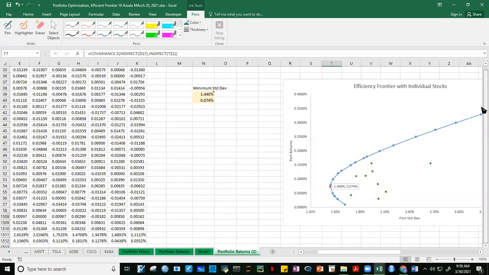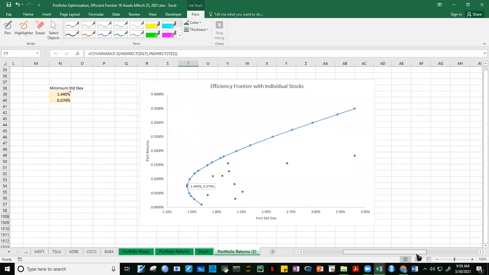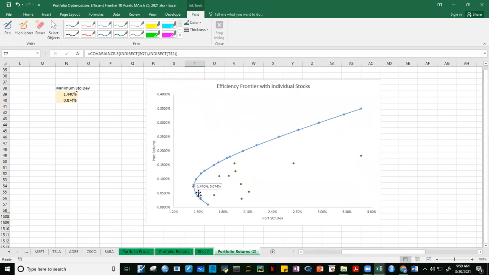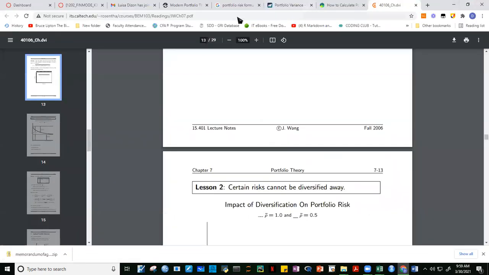Pero siyempre hindi ko ibibigay ito kasi gagawin natin yan from scratch. Tapos maggagawa tayo ng tangent line dito para makita natin yung capital asset line. So dalawa yung gagawin natin: efficient frontier and the capital allocation or capital asset line.